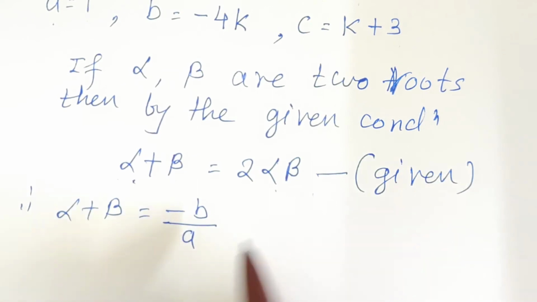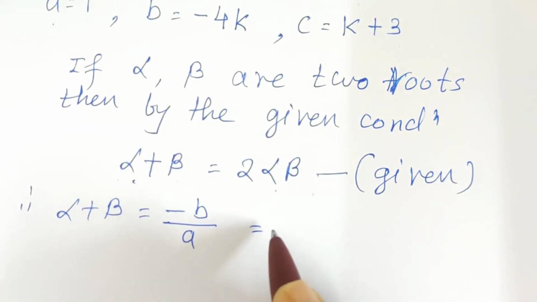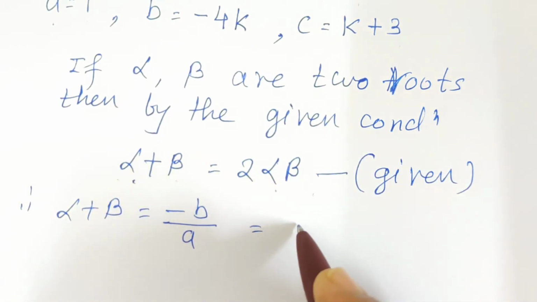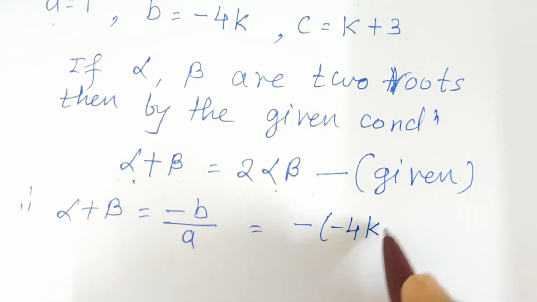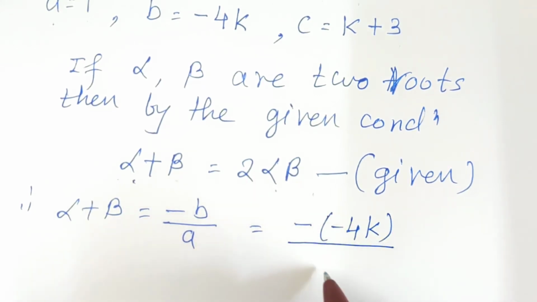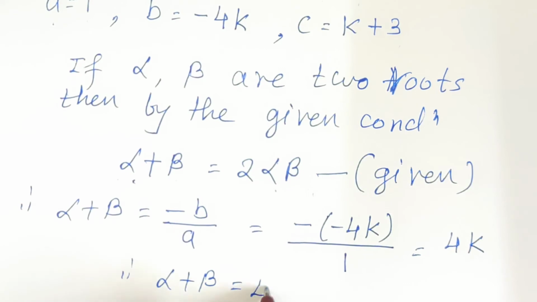So minus b upon a: b's value is minus 4k, so minus of minus 4k upon a, which is 1. That means it is plus 4k. So alpha plus beta is equal to 4k. Here we completed half of the example.